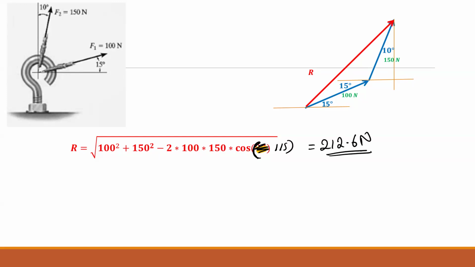Now we need to find the angle. So this is 115. And if we can find this angle theta, we can write the sine rule for that, isn't it? Sine theta divided by the opposite length, which is 150, is equal to sine 115 over r, which is 212.6.